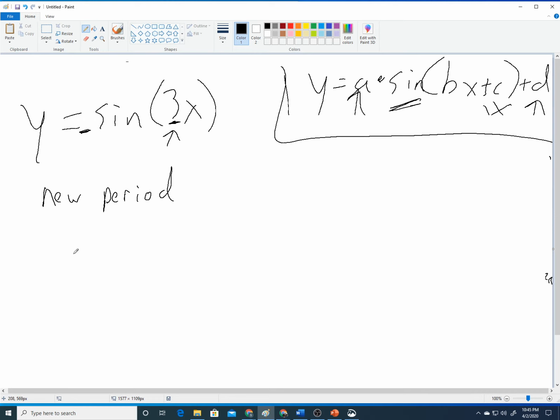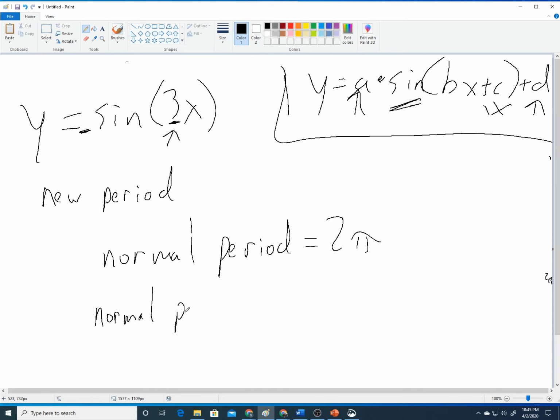Your normal period we talked about last time for a sine function is 2 pi. What you're going to do is set your normal period equal to that bx term. Now, if we had a c here, it would still just be the bx term.